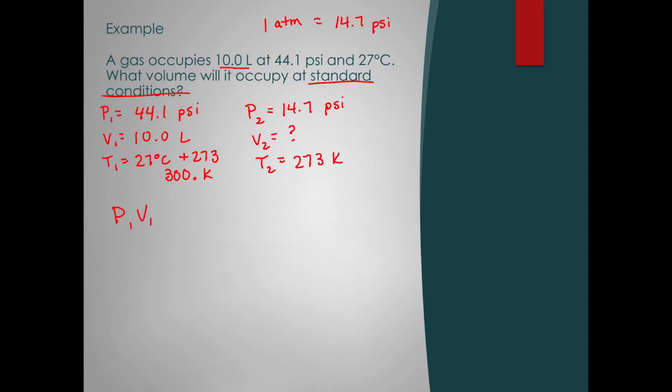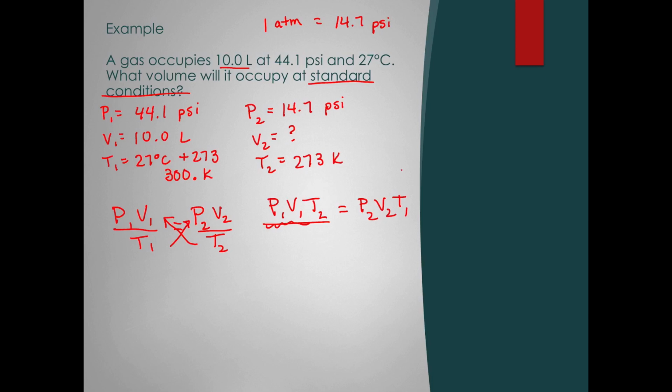So we can set this up, P1 V1 over T1 equals P2 V2 over T2. You can arrange this a couple different ways. I'm going to go ahead and just cross multiply here. So that gives us P1 V1 T2 equals P2 V2 T1.